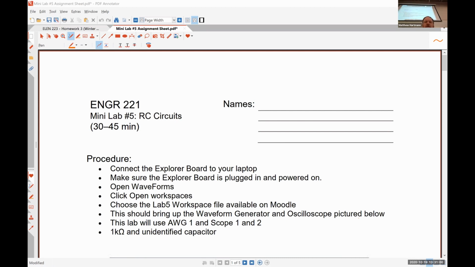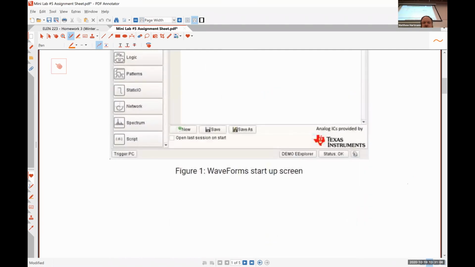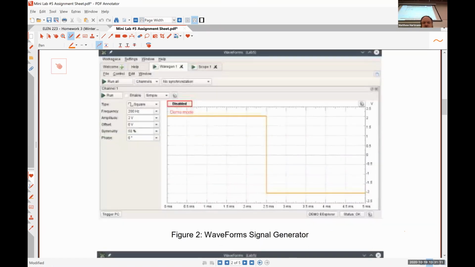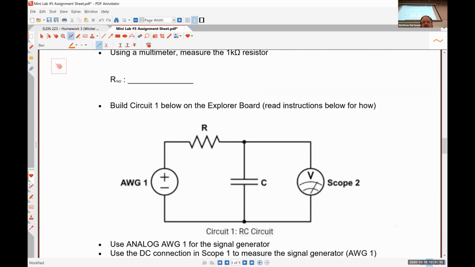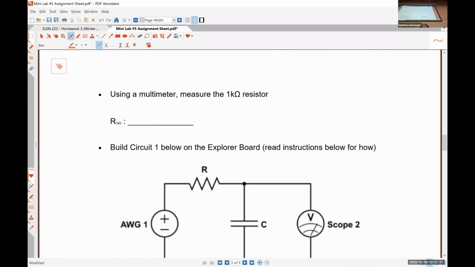Alrighty, so let's see. We scroll through this guy. First thing we need to fill out is the resistor value in our circuit, which I have previously measured to be 985 ohms.